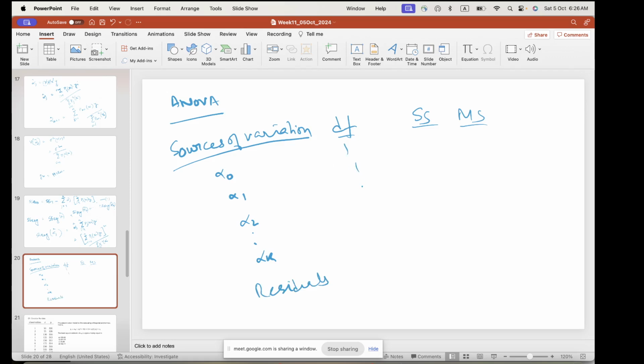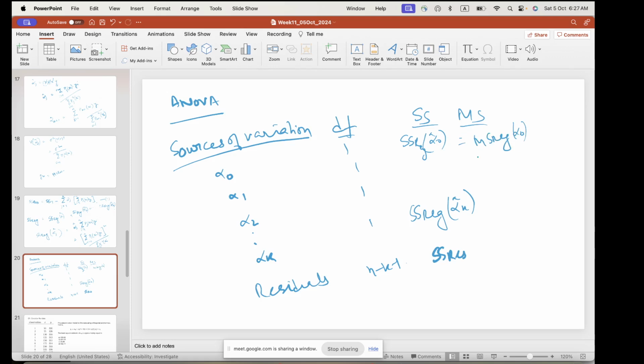All these df's will be 1 and residuals will be n minus k minus 1 because of k plus 1 parameters that we are estimating. So we'll have ss due to alpha naught hat, ss due to regression till alpha k hat, and then ss residual, and then corresponding ms regression due to alpha naught.